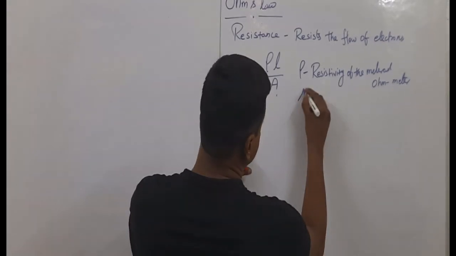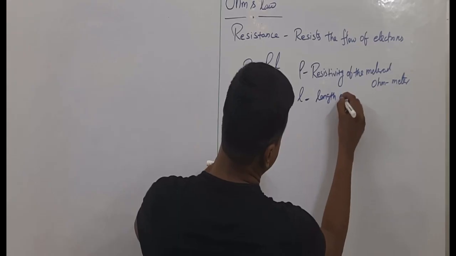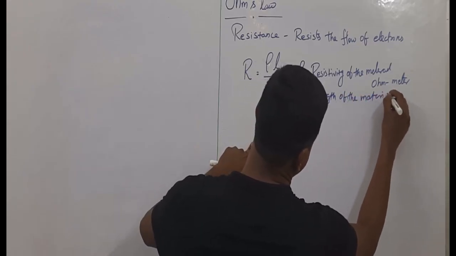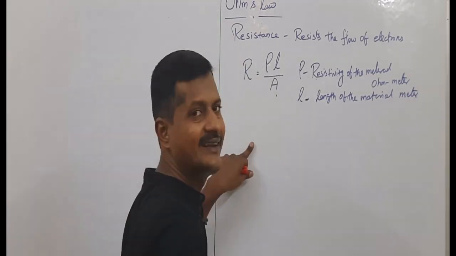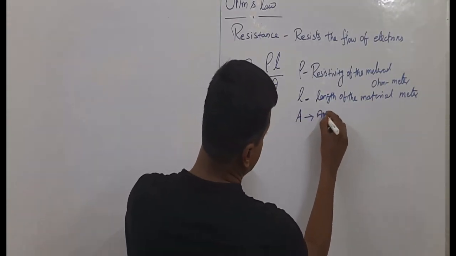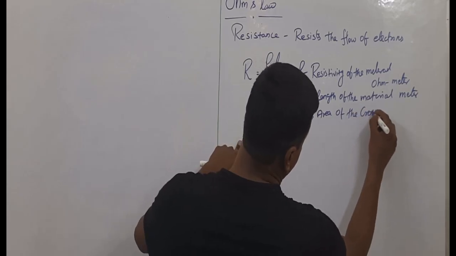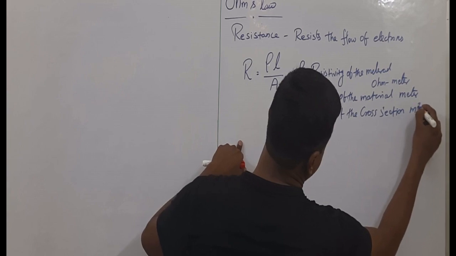And L denotes the length of the material in meter, and the next one is the area of the cross section in meter square.